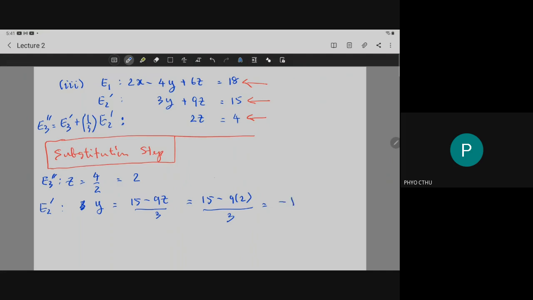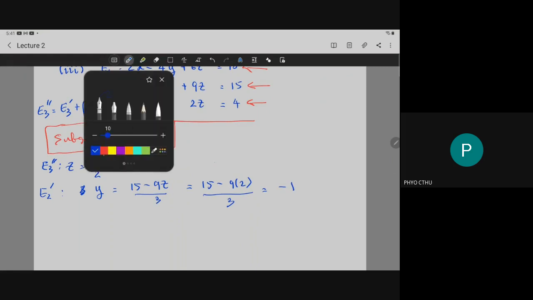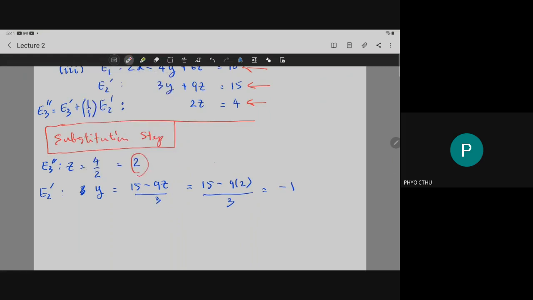So I get -1, okay. And finally, so here we have the value of z, the value of y, okay. So we substitute the value of y and z back into equation e1 prime, okay. Or not e1 prime, just e1, because we haven't changed anything.